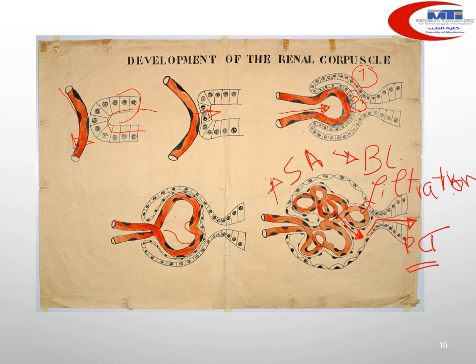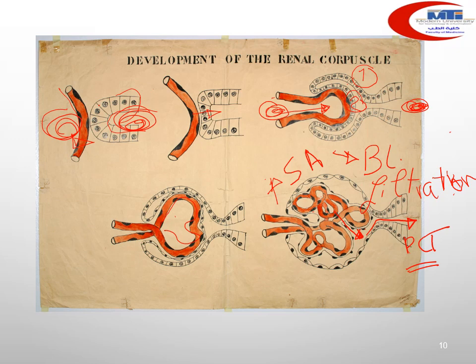Here again, in this slide, as you can see, from the beginning you have a vascular area and you have a urinary area. Vascular area, blood vessels, and another area for urine.